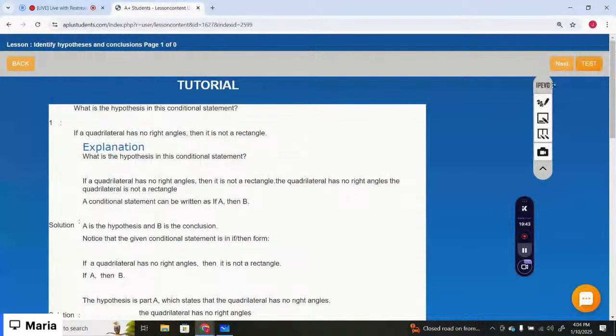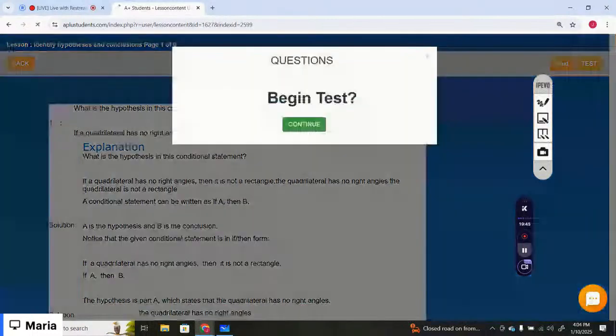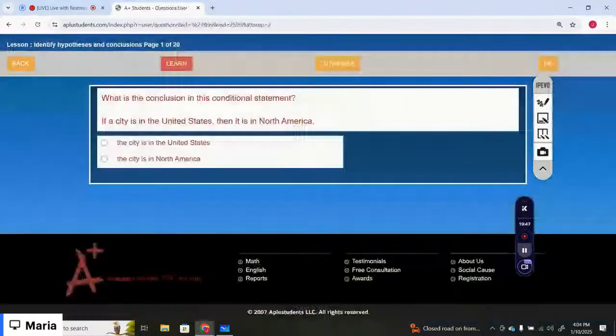Let's just start with the test questions. What is condition? What is conclusion in this conditional statement? The statement is if a city is in the United States, then it is in North America.